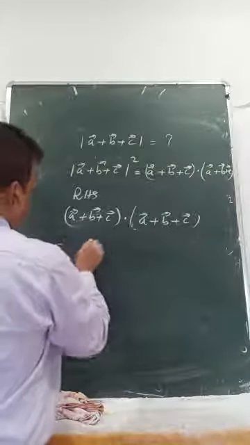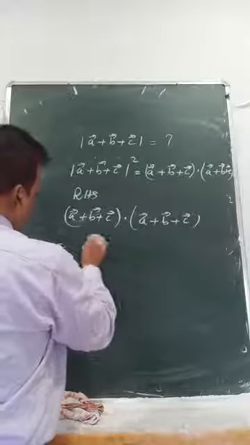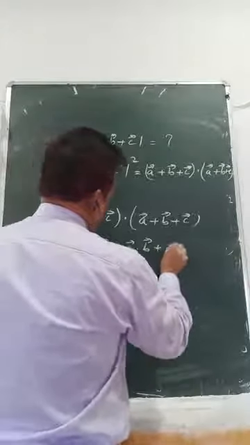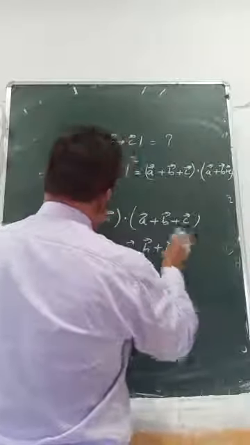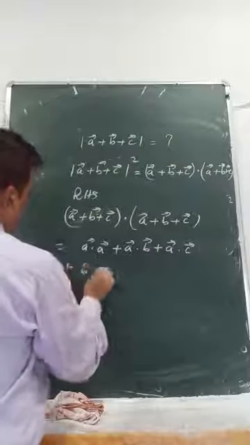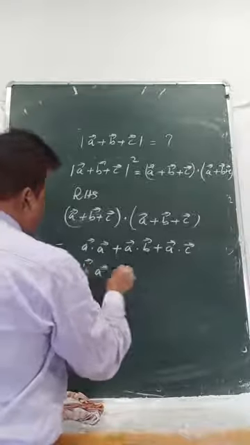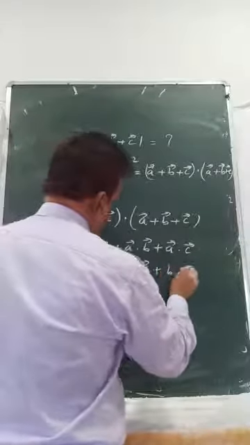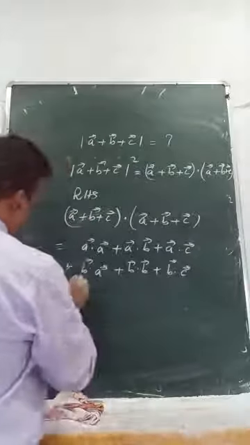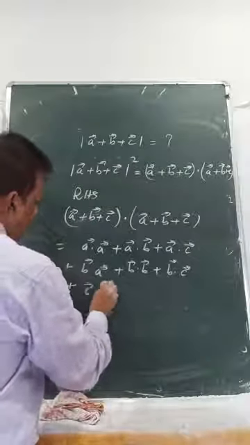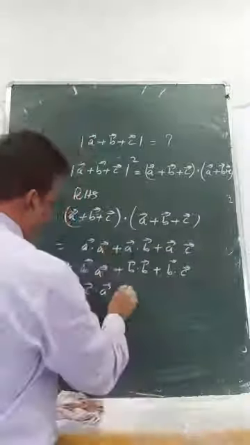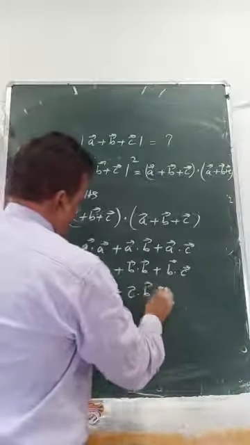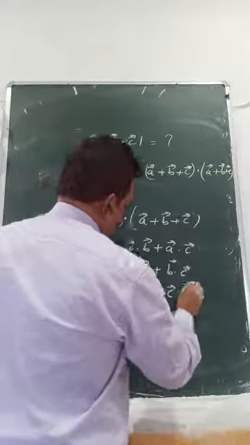A dot A, A dot B, A dot C, plus B dot A, B dot B, B dot C, plus C dot A, C dot B, plus C dot C. Simple multiplication.